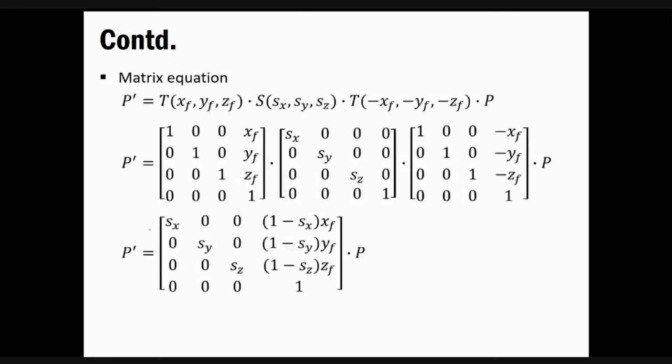You can simply multiply these matrices with each other, and the final thing you can take out of this slide is this given matrix, and you can simply use the same thing in your examination.